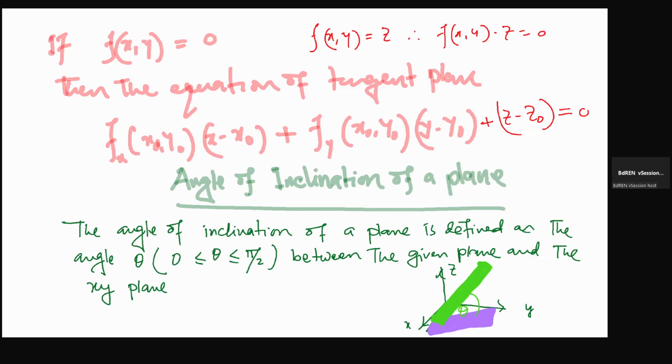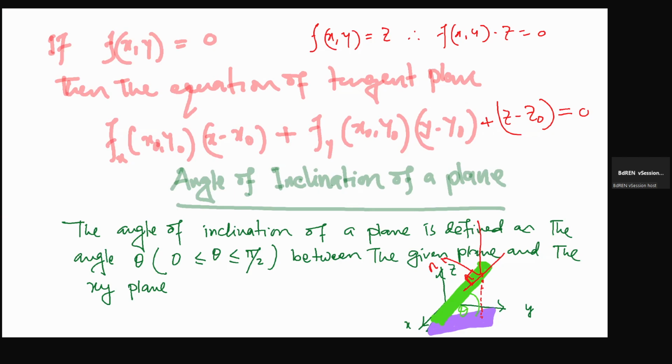And based upon the angle, let's say this is the direction of the plane. Then this is 90 degrees. This is the normal to the plane. Since this is normal, this angle should be 90 degrees. And this is perpendicular to the base plane, that means the XY plane.